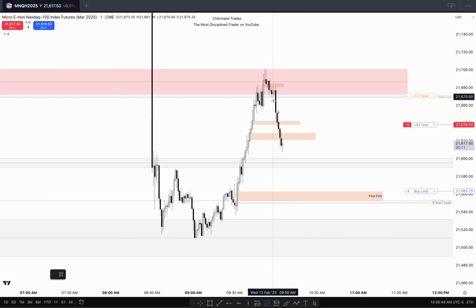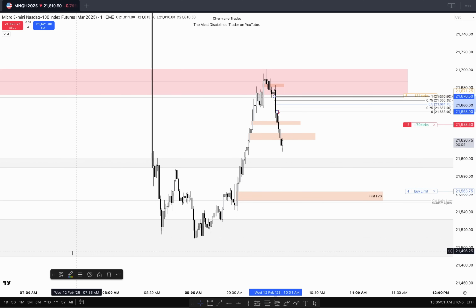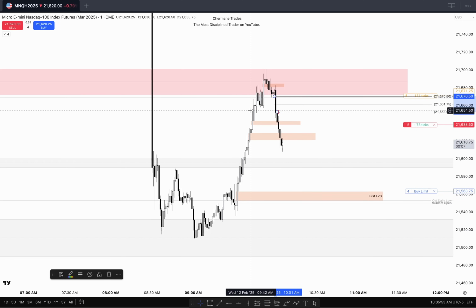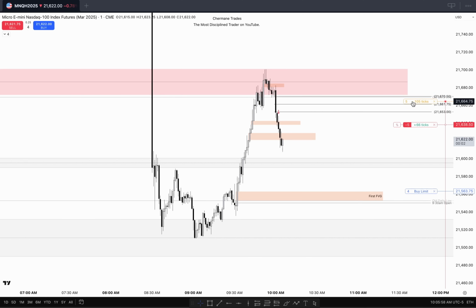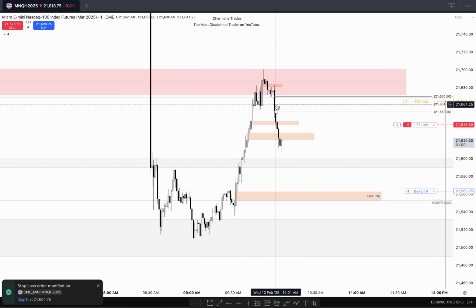Gonna trim my risk a little bit. That initial fair value gap that I'm trading as a breakaway gap, midpoint is there. Gonna trim that just a little, because again, I'm not expecting us to revisit the upper half of that.